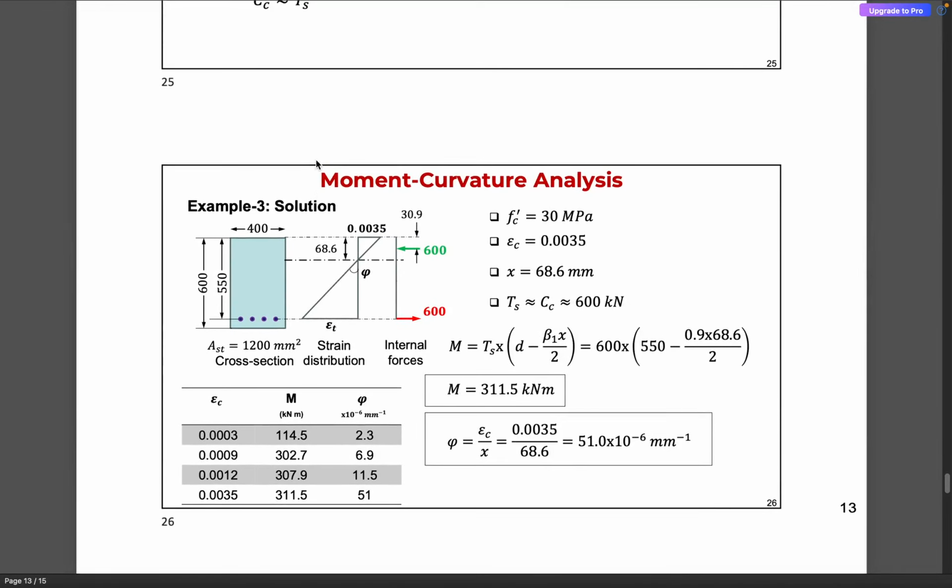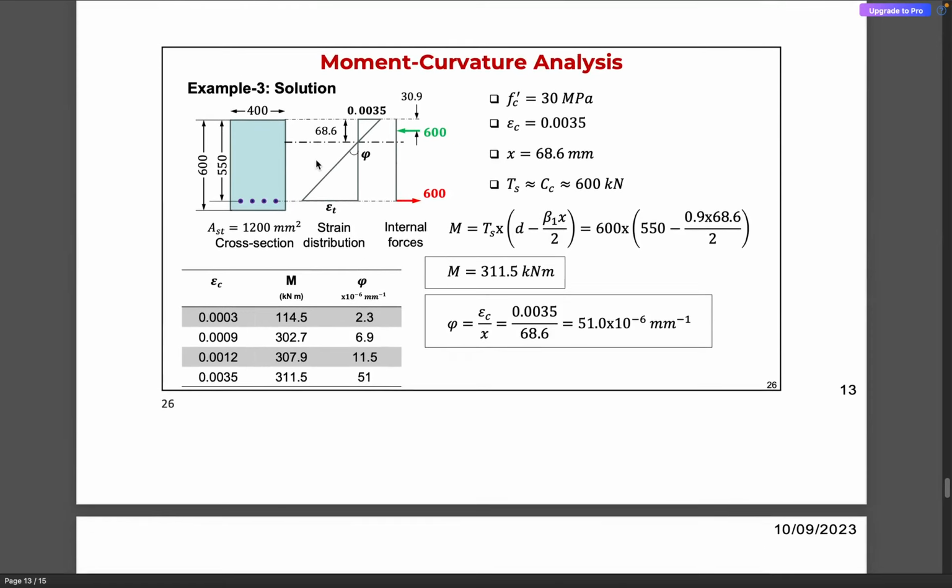That is a very good question. Actually, this moment curvature analysis is relevant to any member irrespective of the boundary conditions. We have just taken this for simplification, but whenever we are using design software like SAP or ETABS, there is an option to develop the moment curvature relation.